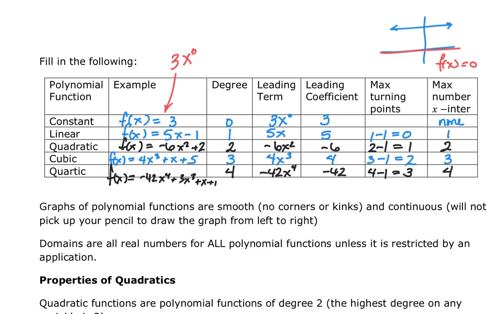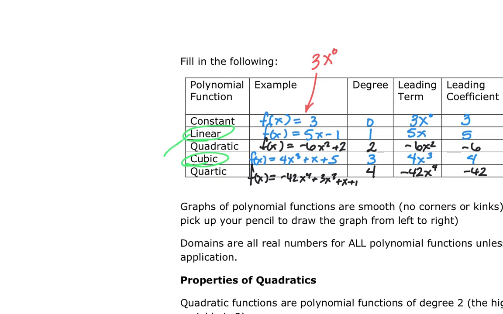Odd powered ones, so like the cubic, the linear, the power of 5, etc., are guaranteed an x-intercept. We know we'll have at least one x-intercept.